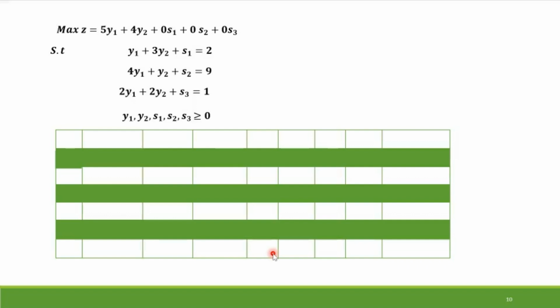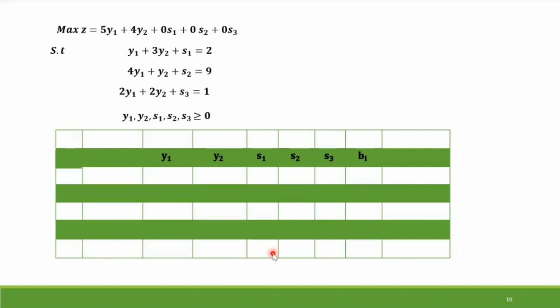So now writing all the variables, y1, y2, s1, s2, s3 and bi's. All the variables we have to write here, y1, y2, s1, s2, s3. And the right hand sides are denoted by bi.